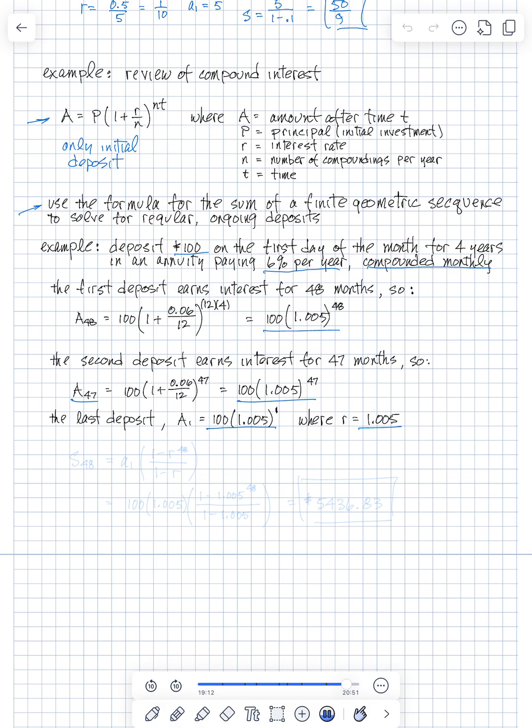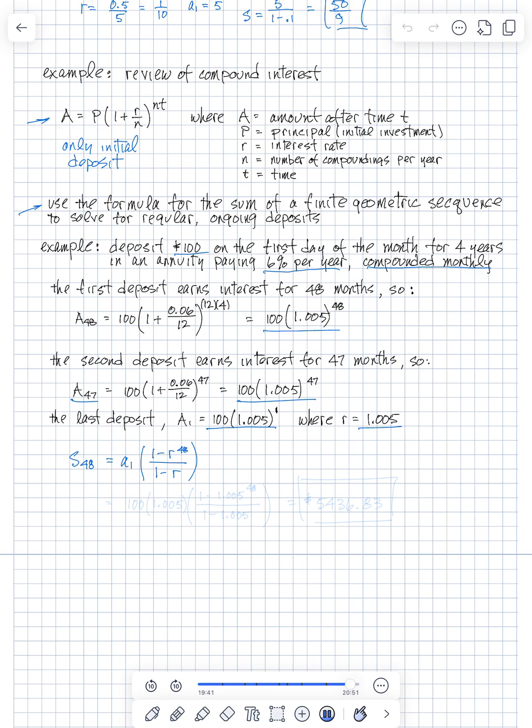And so now that we know A1, put it into the equation. S of 48, how much money you're going to have after 48 months, is equal to A1 times 1 minus r to the 48th over 1 minus r.